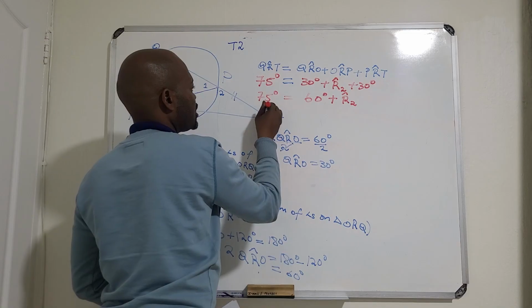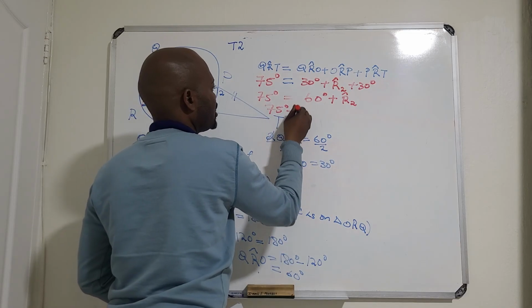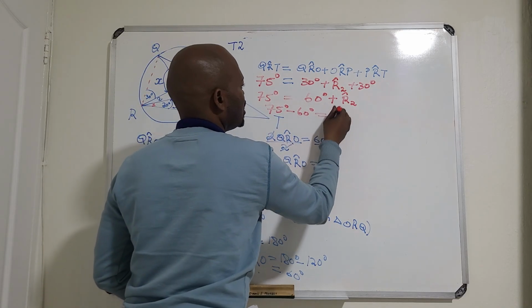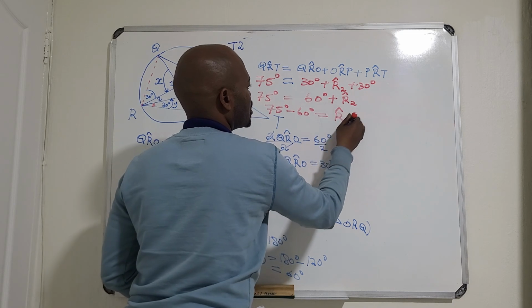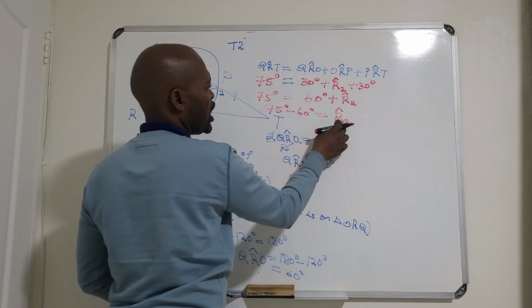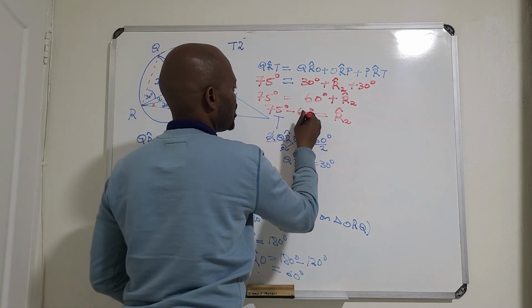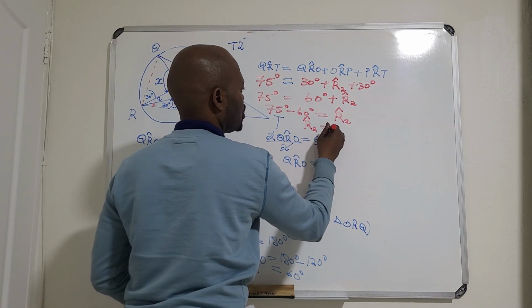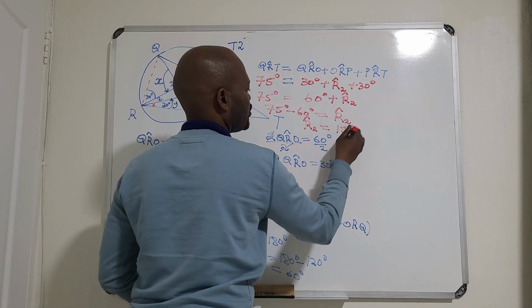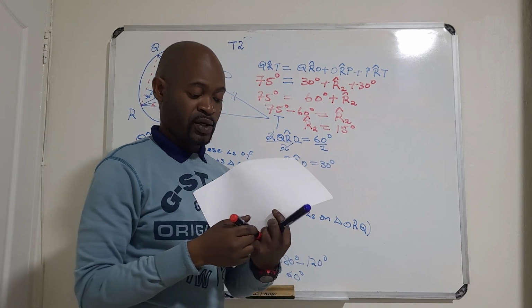That side, 75 degrees minus 60 degrees is equal to angle R2. Therefore, angle R2 is equal to 15 degrees.